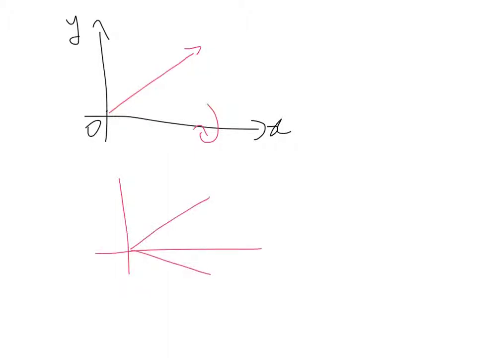So you will get something of this form. It's a bit hard to draw with this pen. So if you're rotating the ray about the x-axis, you will end up with a cone, and you will be asked to find the volume of the solid of revolution that's created by that ray.